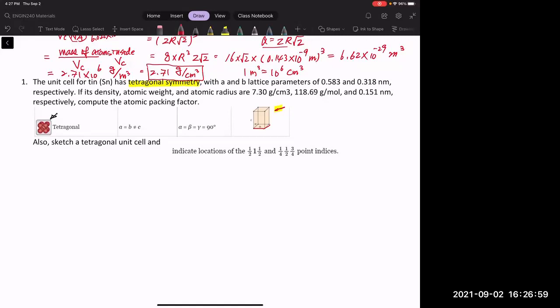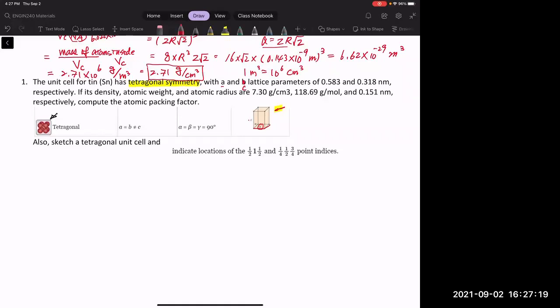And they give you a lot of information here. They give you A, they give you B. Actually, this B should be the height of that, so this one actually should be the C. And A is the one over here, C is the one over here.